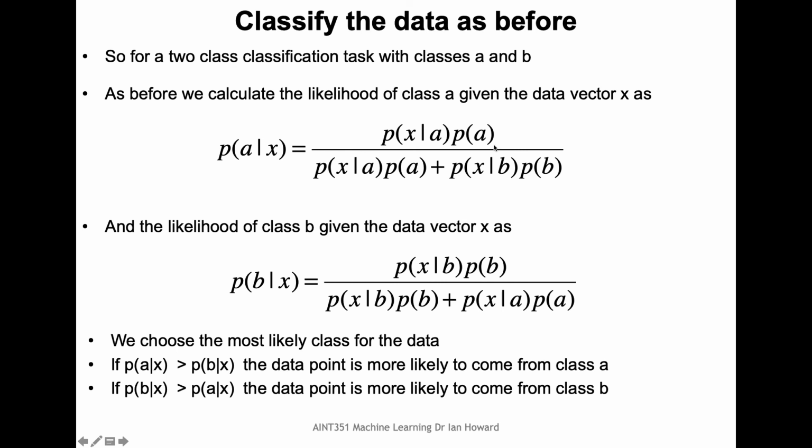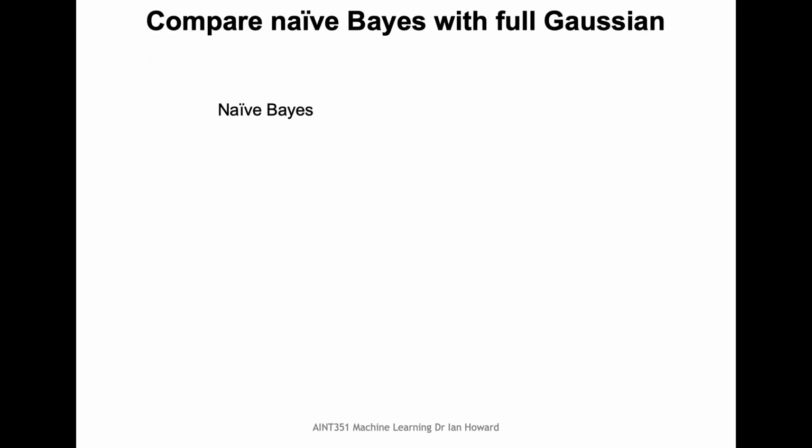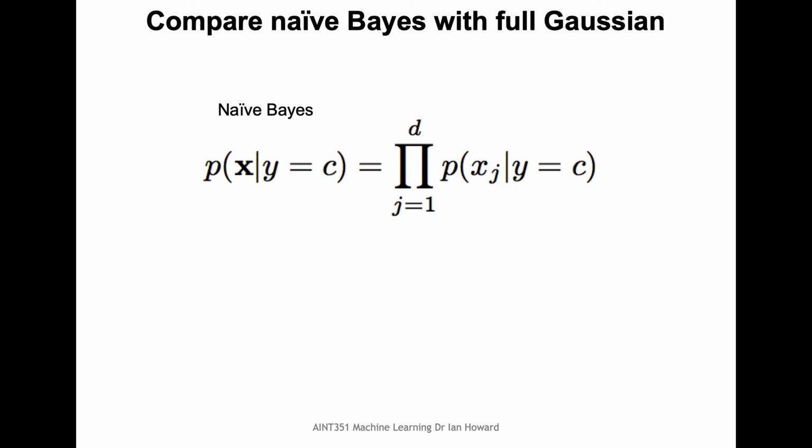Right, so that's what we do. We're going to calculate all of these things. If the probability of A given X is greater than the probability of B given X, then it looks like the data is more likely to come from class A than class B, and vice versa. So let's look at what Naïve Bayes is saying. Because we're assuming the features are independent, the joint distribution across the entire data vector given the class is going to be approximated by the product of the distributions for each feature.